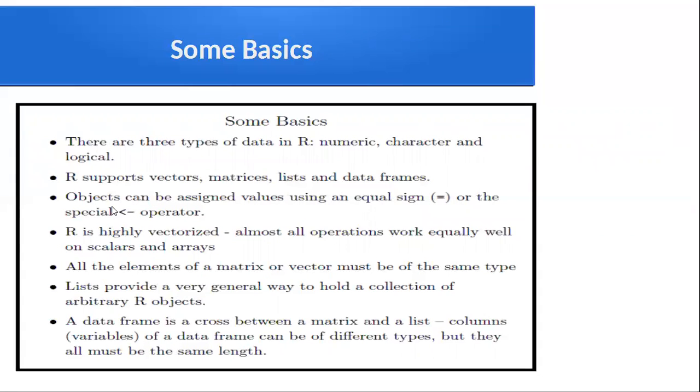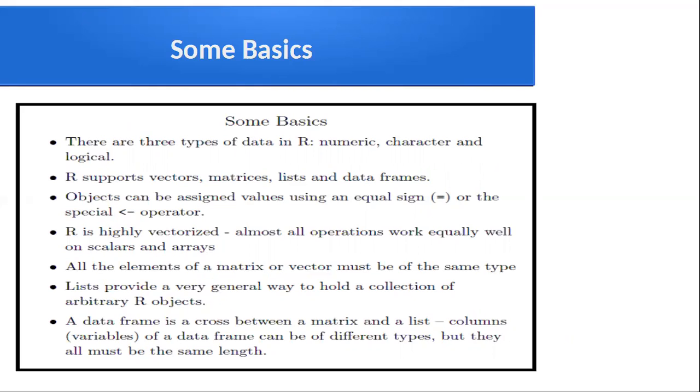Objects can be assigned values using an equal sign or the special arrow operator. R is highly vectorized. Almost all operations work equally well on scalars and arrays. All the elements of a matrix or vector must be of the same type.